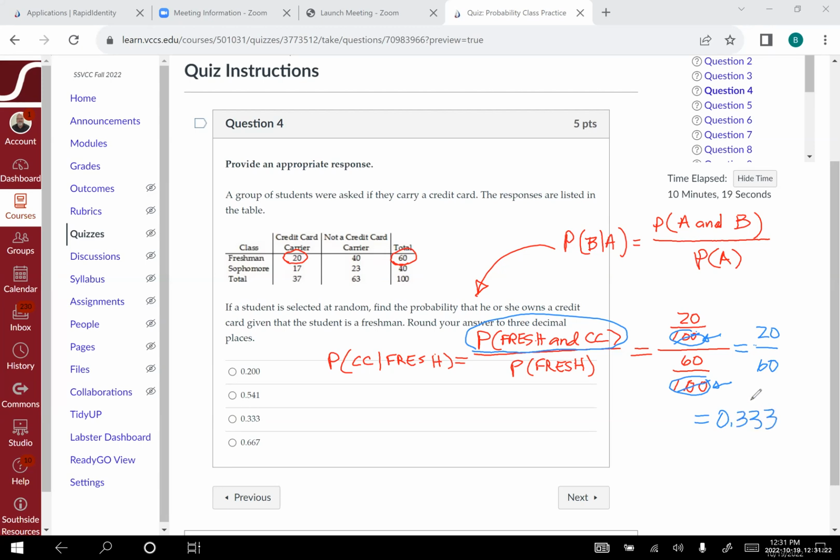So the probability of a student, you draw a student at random, the probability that that student has a credit card, given he or she is a freshman, you have that prior knowledge, is 0.333.